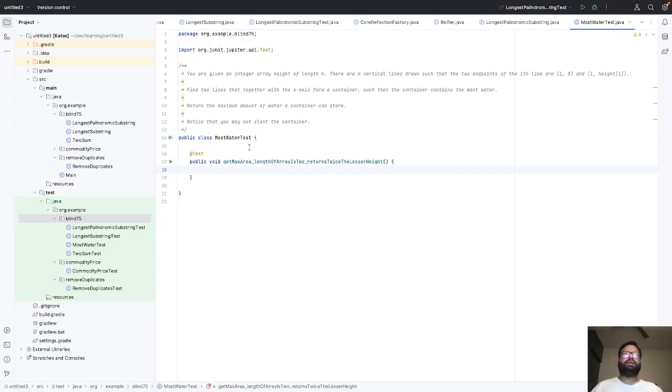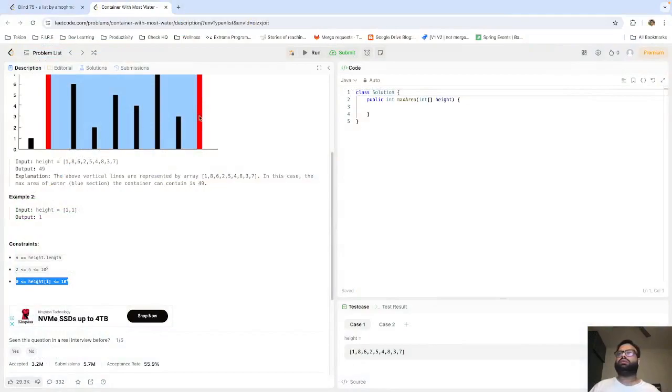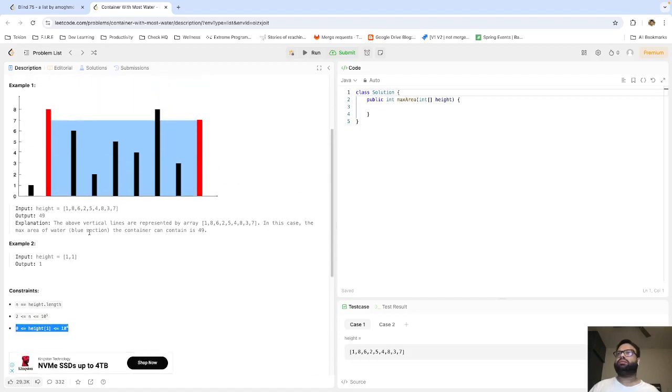So let's say there's only two elements, 10 and 12. Area should be 10 times 2. Right. One second.